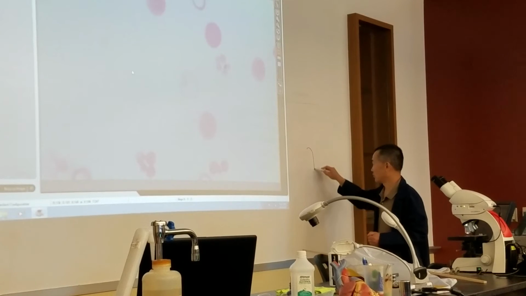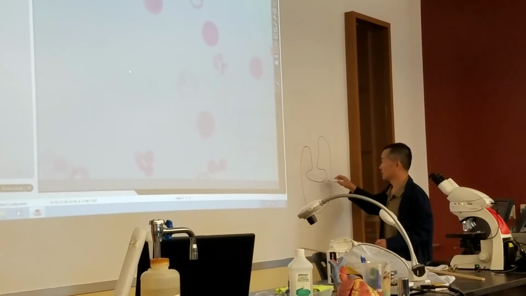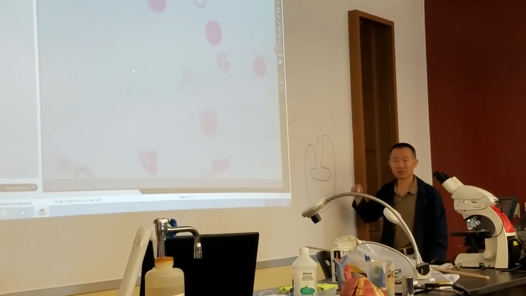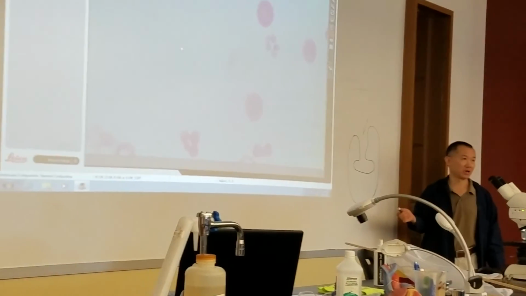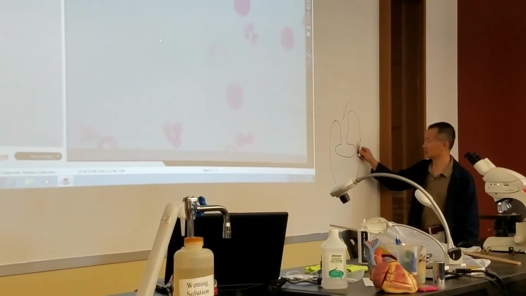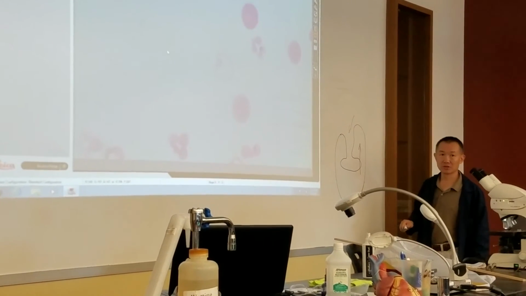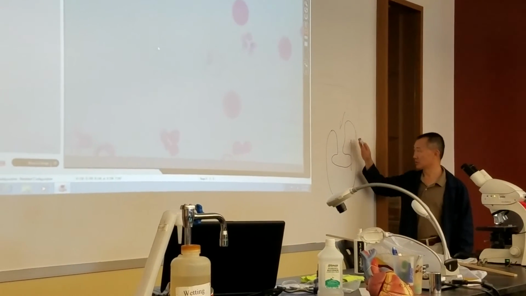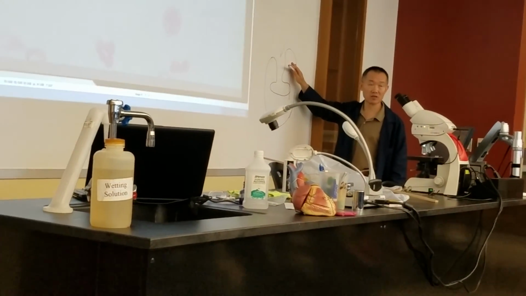I probably will find one like this. So I ask you, this is the blastopore, future anus. This is one question. Another question, I will put the arrowhead over here like this. I ask you the space first, the space around the pointer.